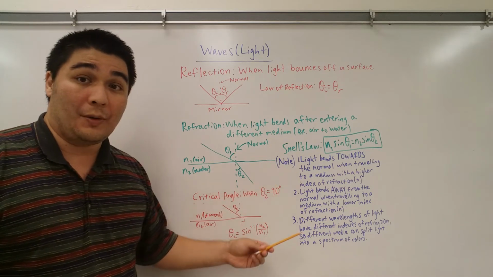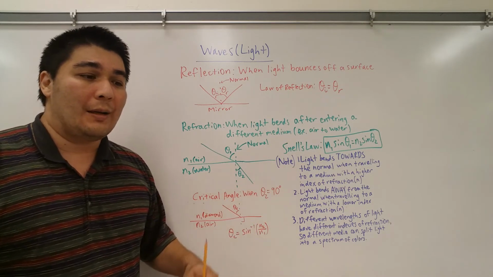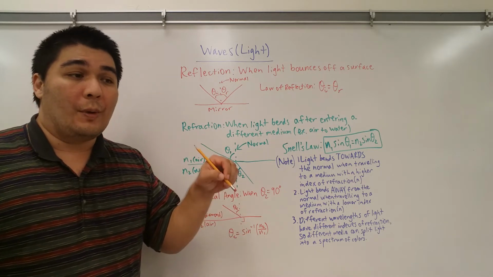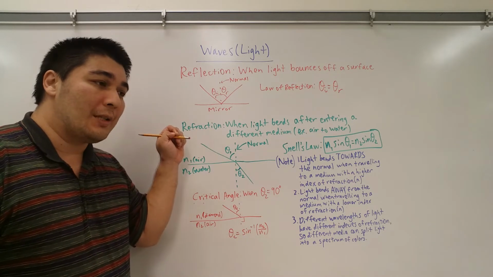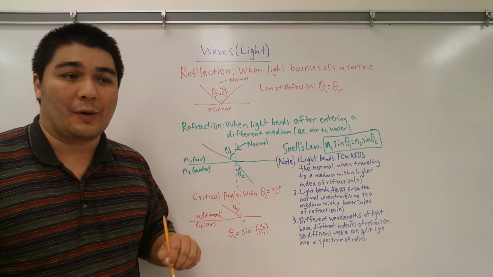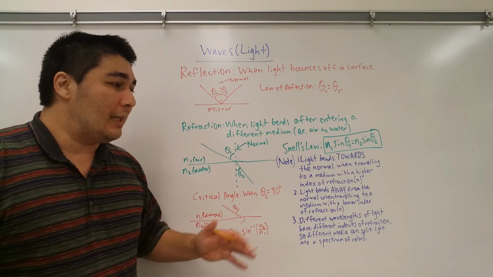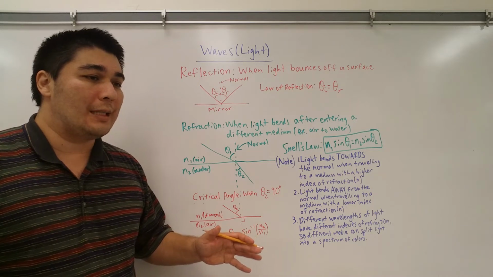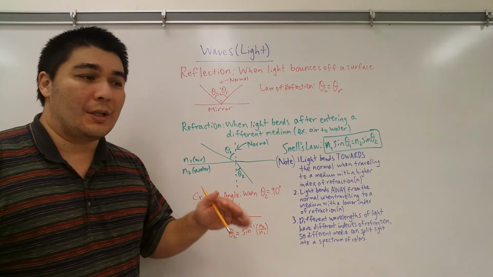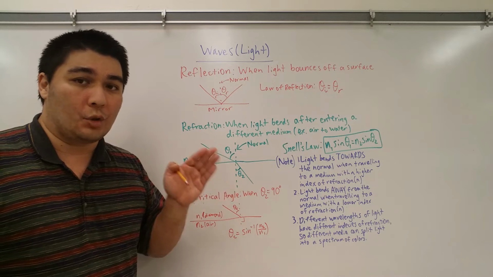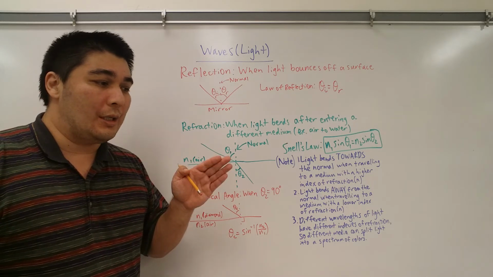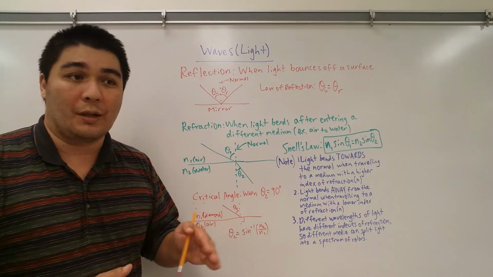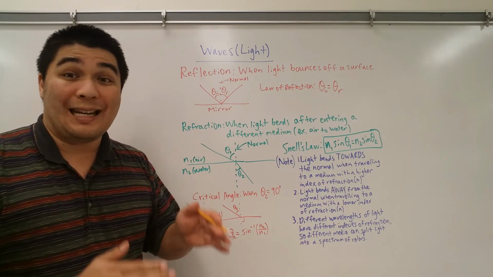So I wanted to put a couple of notes here. For the first note, the light will always bend towards the normal when it's going from a lower index of refraction to a higher index of refraction. You can think of it kind of like this. Let's say you were running on a dry sidewalk, and all of a sudden you started running onto a muddy patch of dirt, but you came in at an angle.